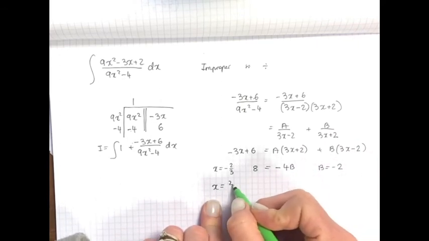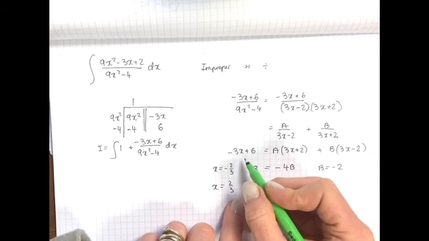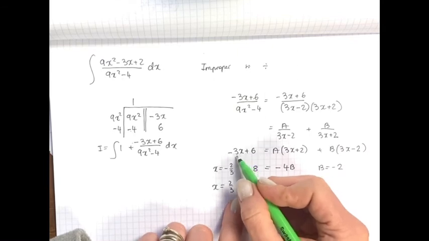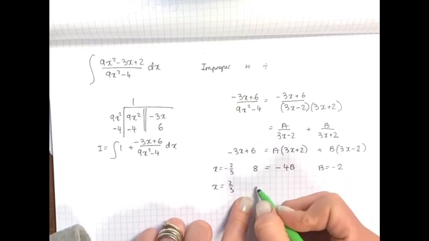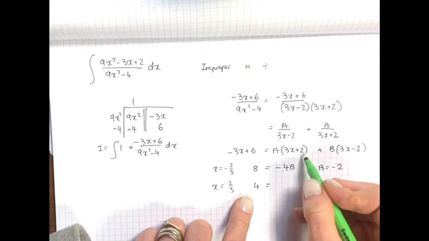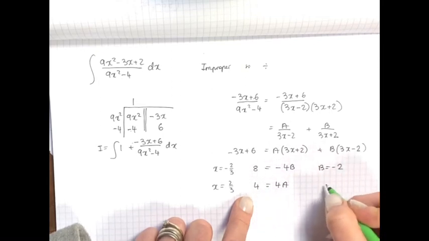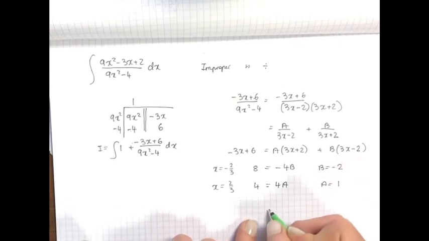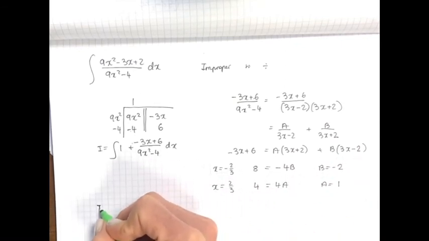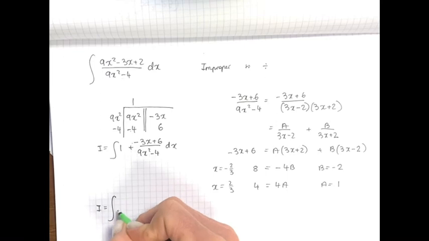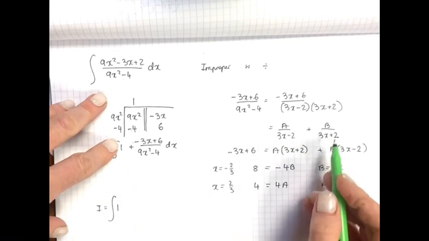Sub 2/3. So if I put 2/3 into this, that will give me minus 2 plus 6, which is 4. And then 2/3 into this will give me 2 plus 2, which is 4a. So a is equal to 1. So altogether, my integral is going to be 1, and then plus this.